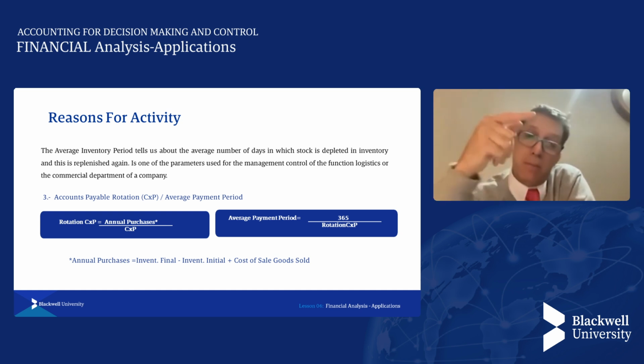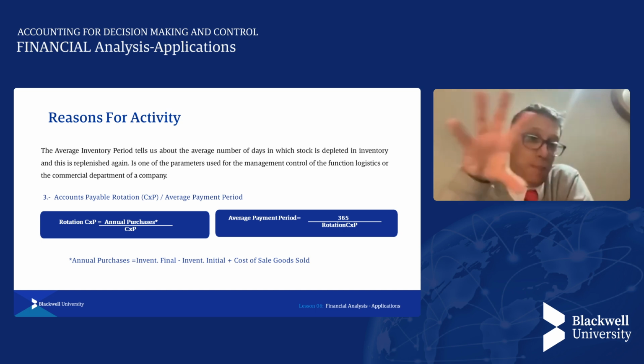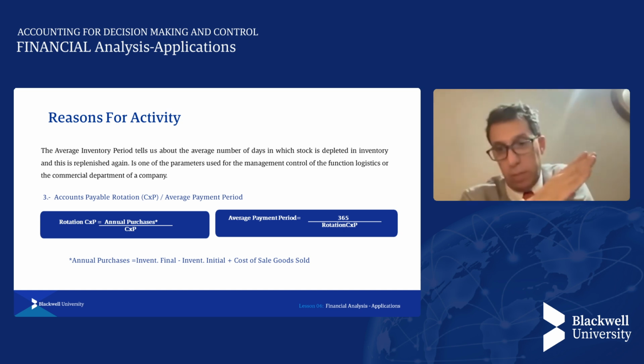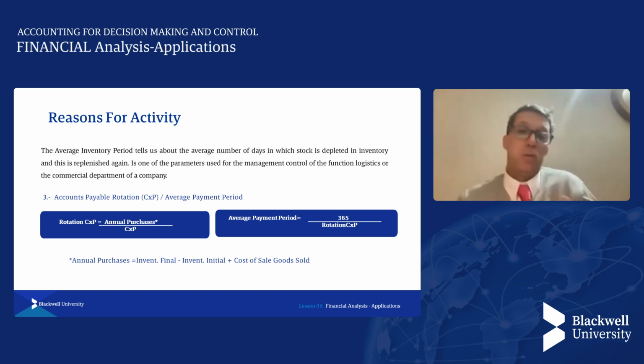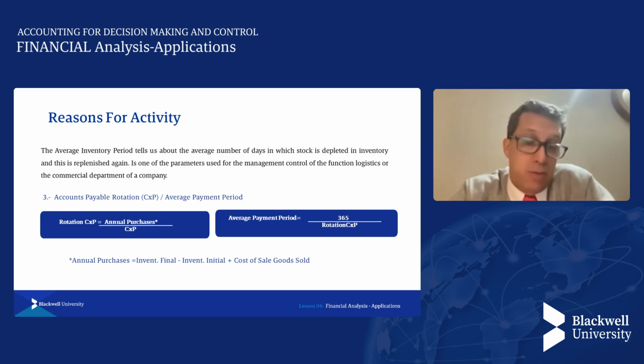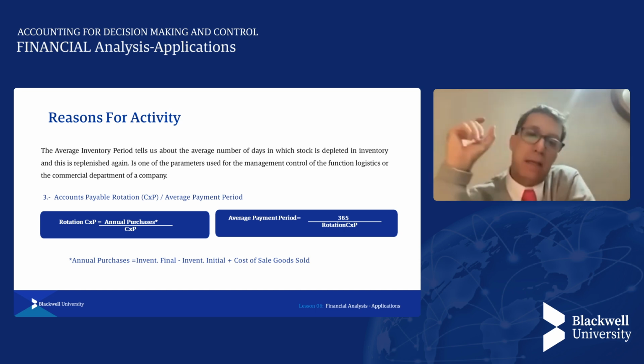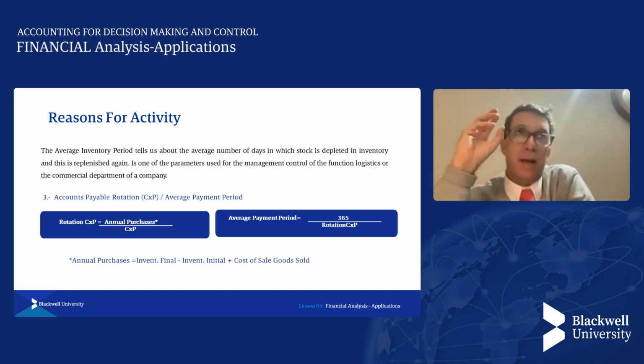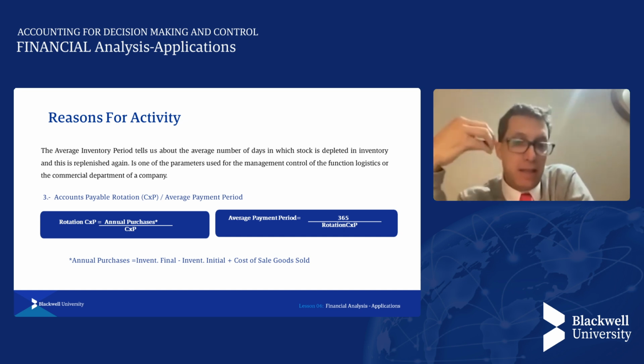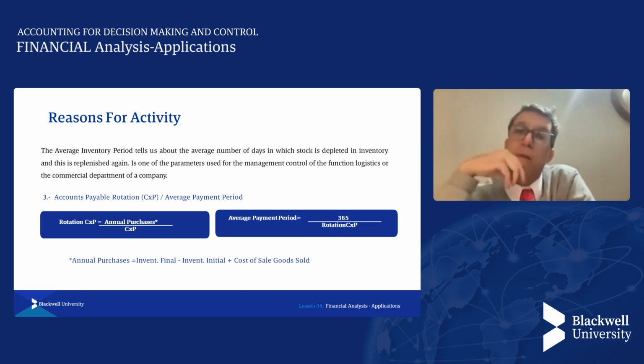Now here we need to be mindful of the following. All the items we have been discussing from the liquidity indicator until now have been directly in the income statement or the balance sheet. Purchases have not. Purchases are calculated by difference. To know where this comes from, a company's ending inventory is the beginning inventory plus purchases minus the cost of goods sold.